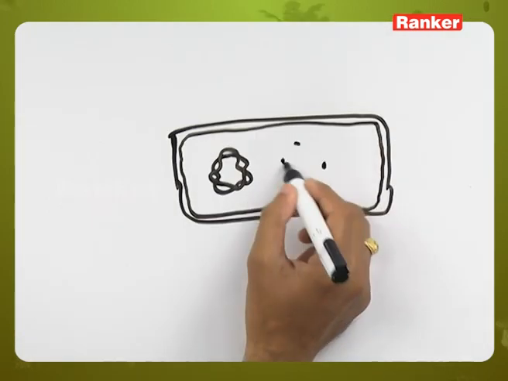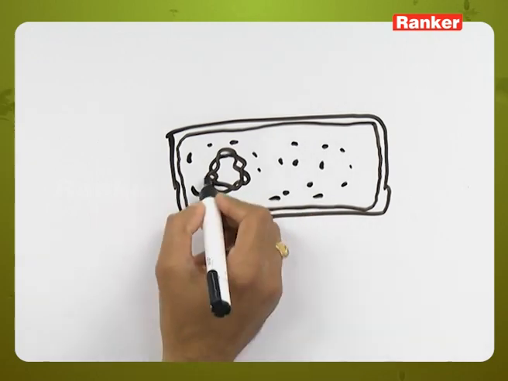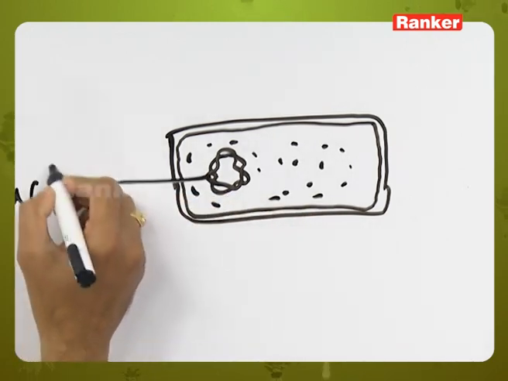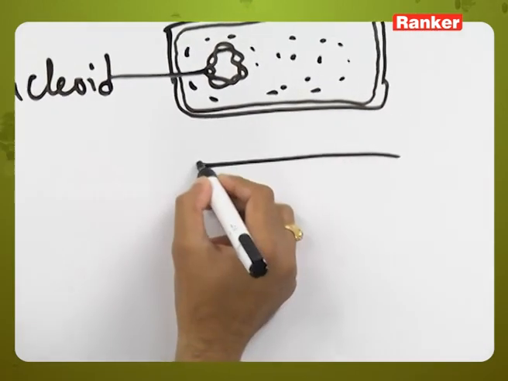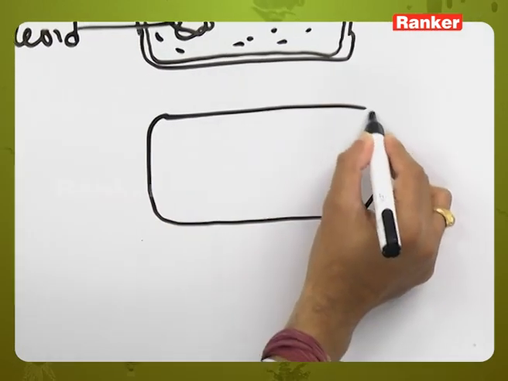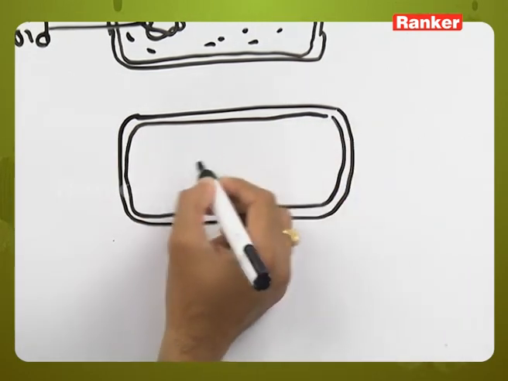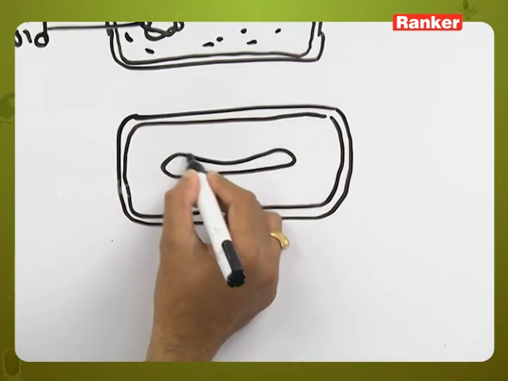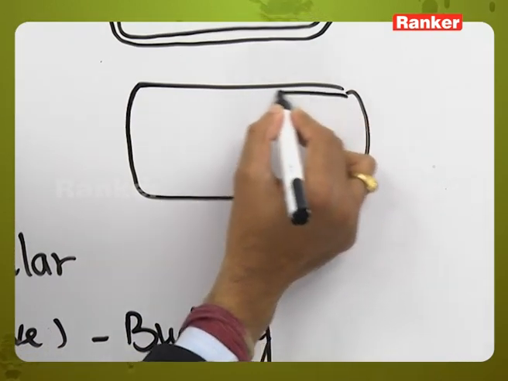The first thing that happens is that this nucleoid structure first elongates, and in the next step it divides into two equal parts.